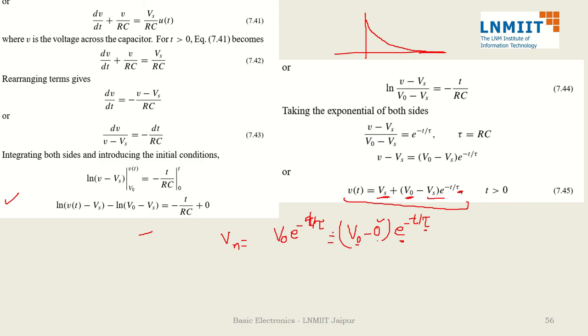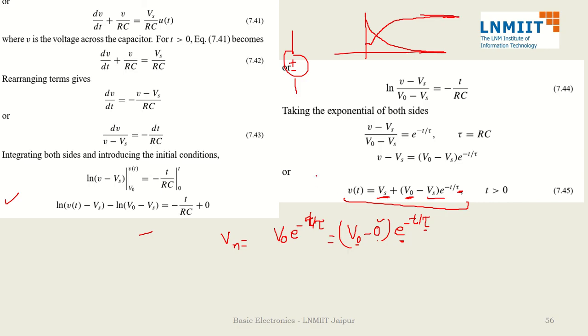Now we are saying that we are not having a source-free circuit. There is some external force in terms of a voltage source or current source which will not let the capacitor decay to 0, but it will start from here and slowly settle at that final value.